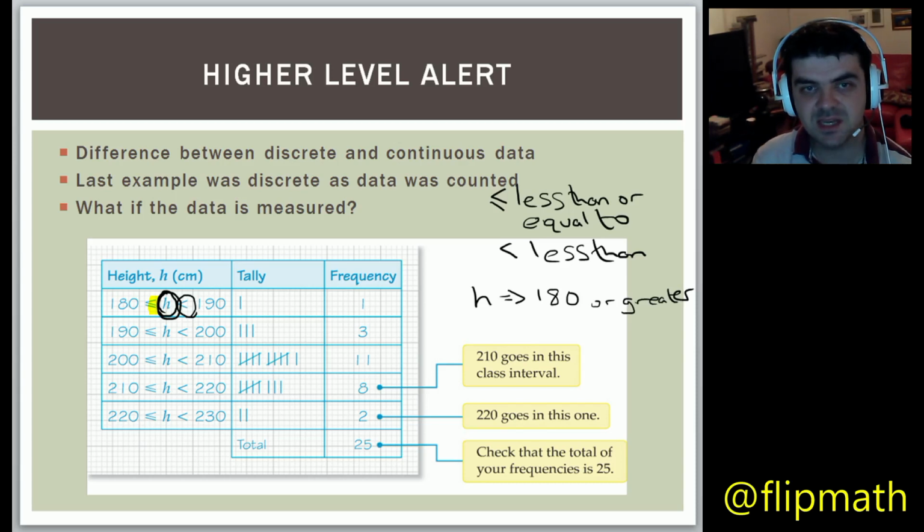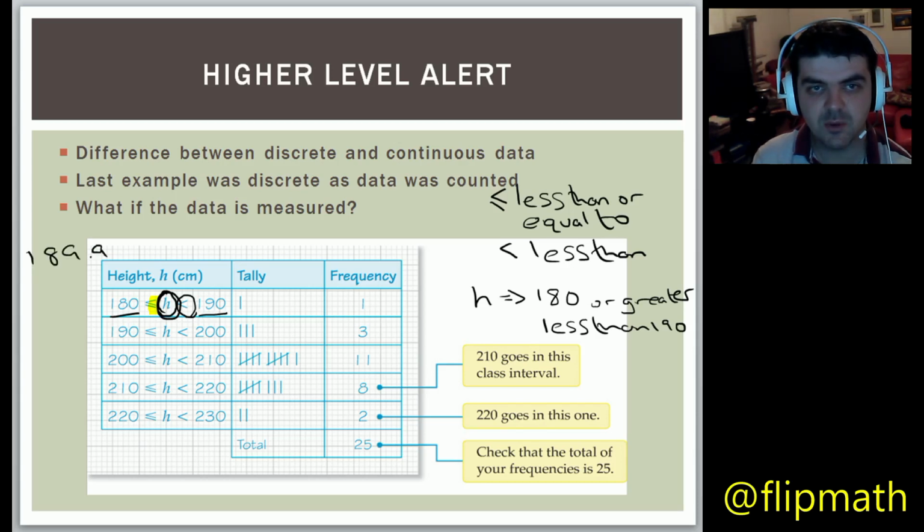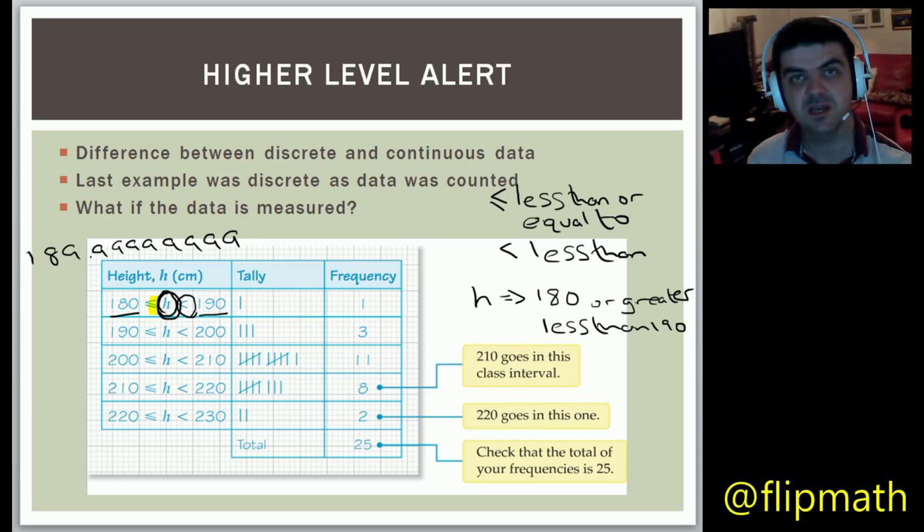And this means that H is also less than 190. Again, what's the difference? Well, this includes 180. This does not include 190. It can be 189.9999999 as far as measuring goes, but as soon as it hits 190, it falls down to this next category.